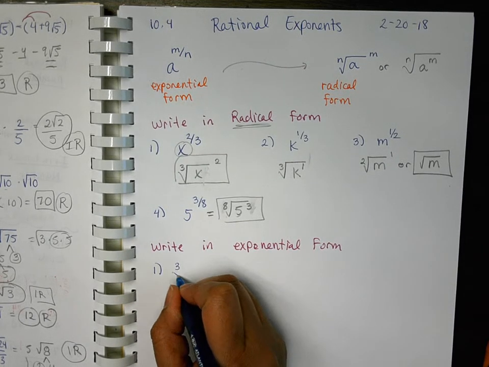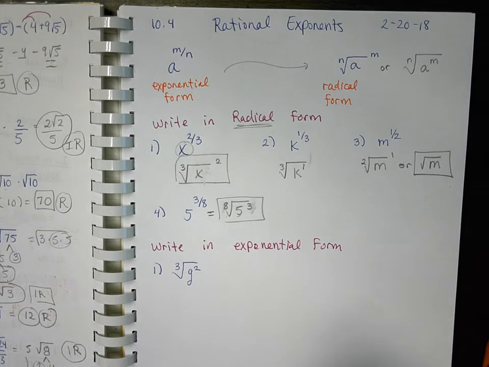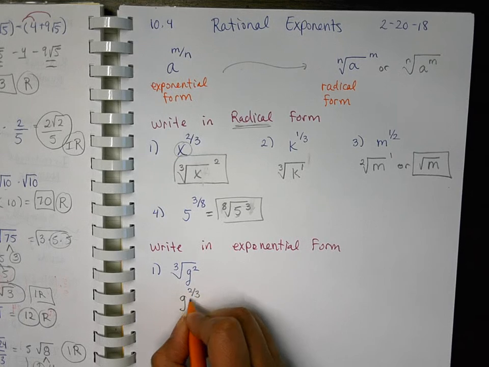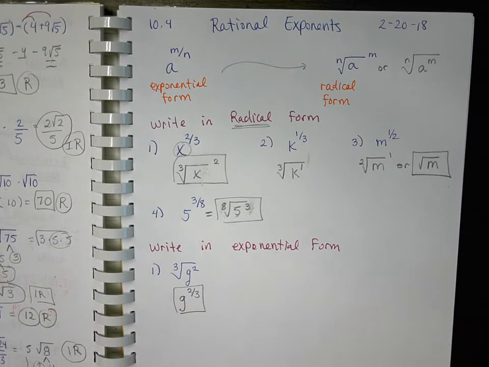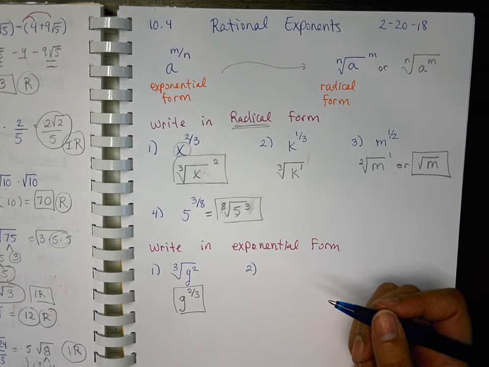The cube root of g squared. The cube root of g squared would become g to what power? 3/2 or 2/3? 2/3, that's it, you're done. We will have some where we evaluate or simplify. We will have some of those.